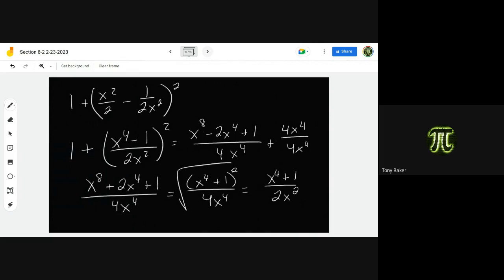So combine that into one fraction. I just had to multiply that by x squared. You got a common denominator. And square it. So you get x to the 8th minus 2x to the 4th plus 1. And then that 1 becomes the 4x to the 4th over 4x to the 4th, so we get it down to that.